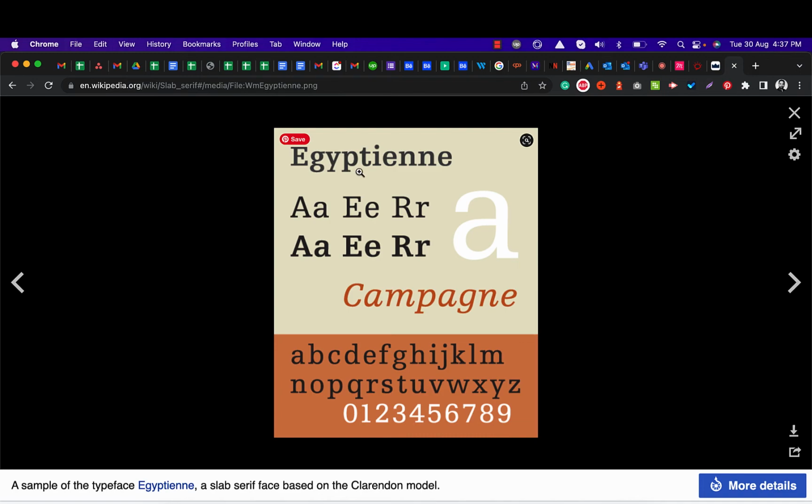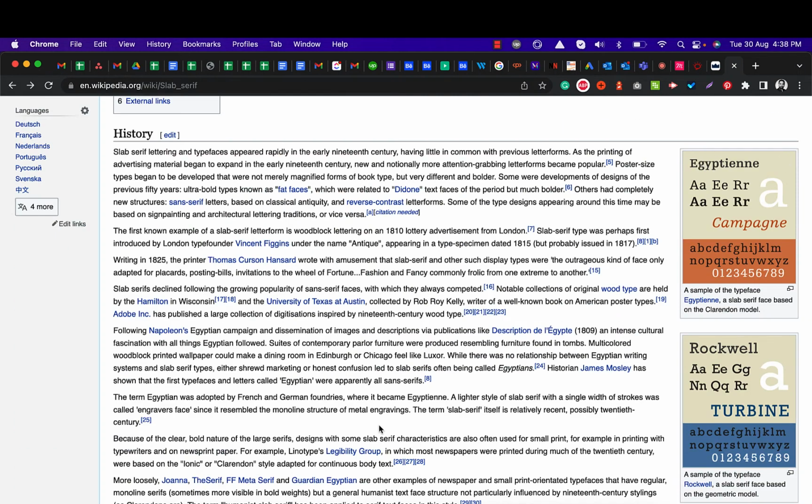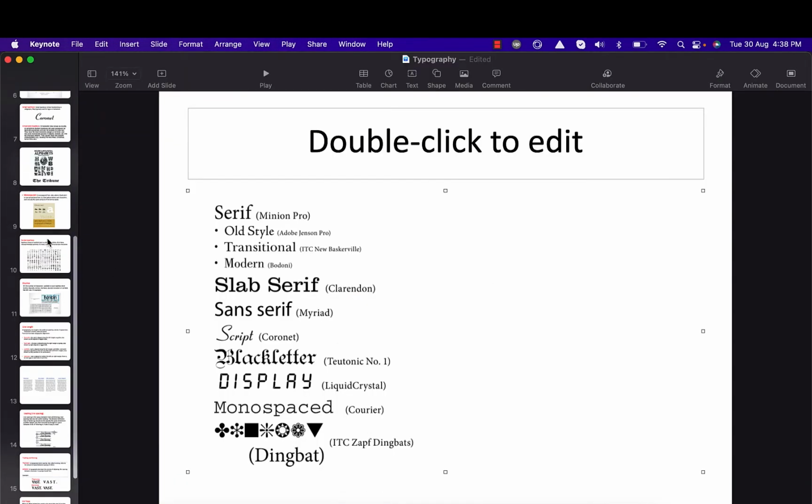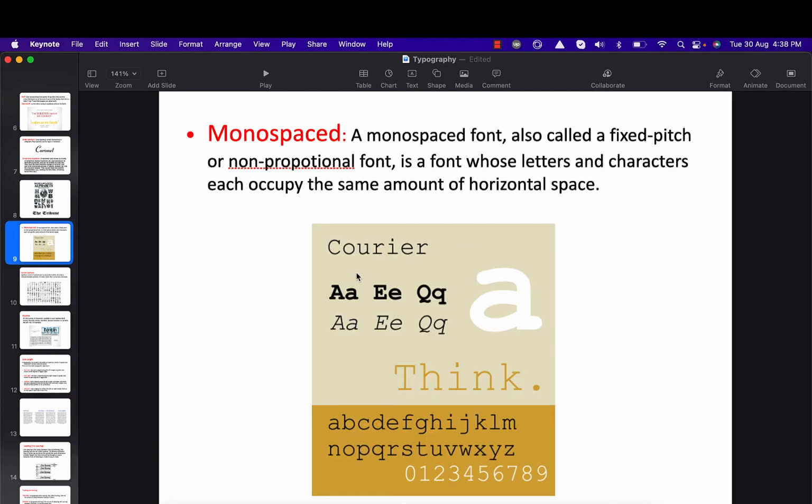But in monospaced we have the same width, but we have a pointy thing on one edge. So let me show you what this is, monospaced. Either the C has the pointy thing on top or at the bottom. So this is the very minute difference between slab serif and monospaced. Yeah, exactly.